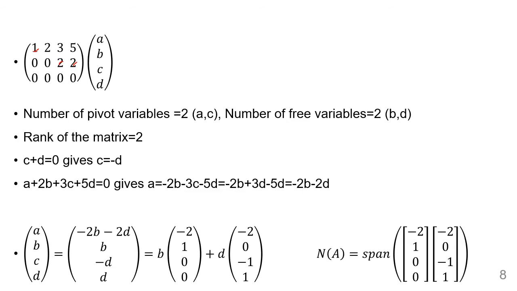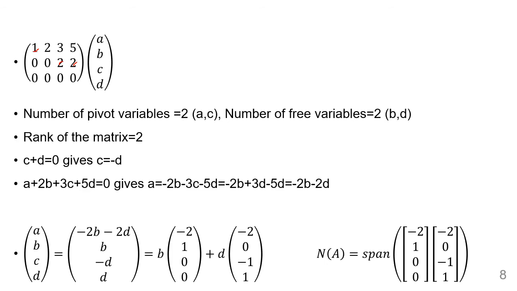Let me write the equation, that is 2C plus 2D equal to 0. That is as good as writing C plus D equal to 0, which gives us C is equal to minus D. And here the equation for the first row, when I multiply with the variables A, B, C, D, I am going to get A plus 2B plus 3C plus 5D is equal to 0, which gives me A equal to minus 2B minus 3C minus 5D.